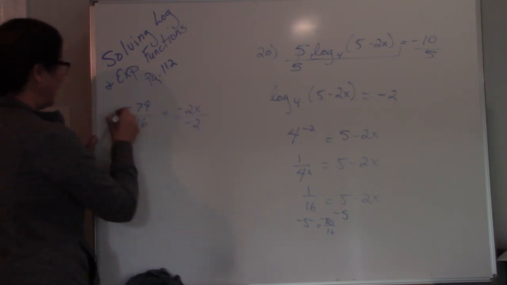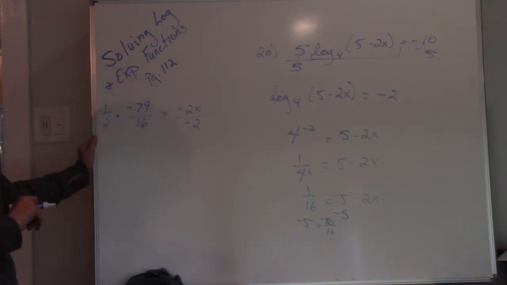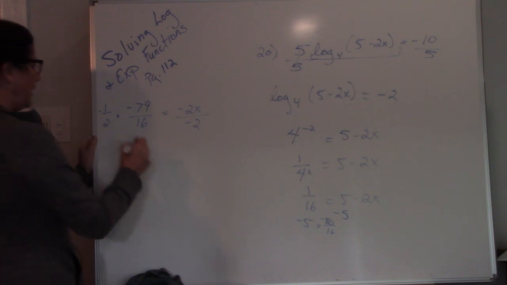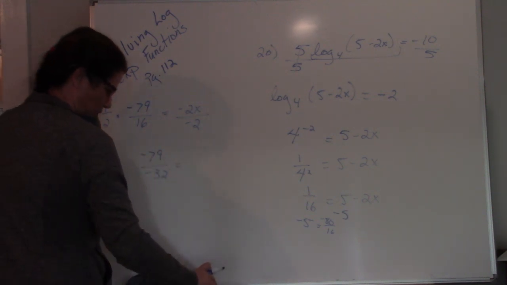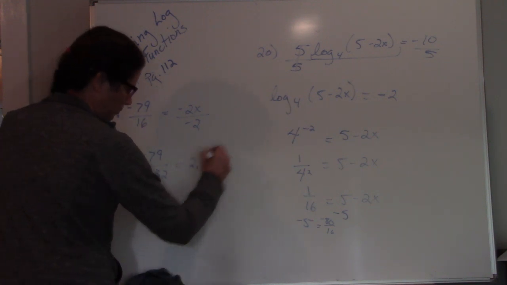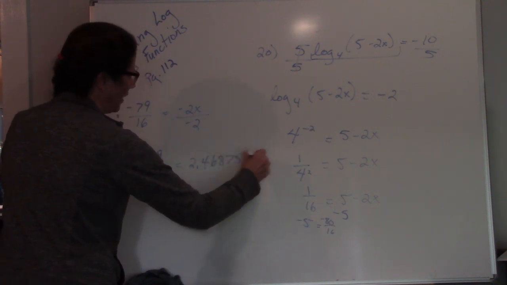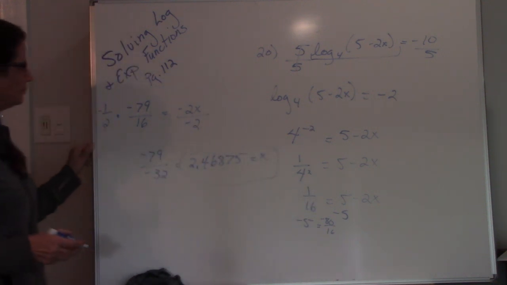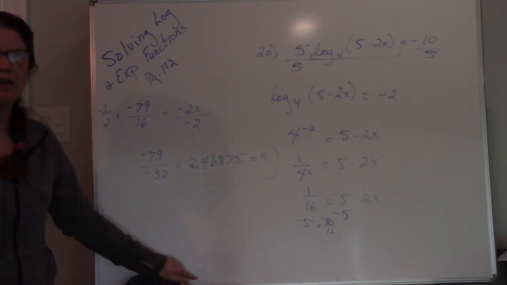Divide both sides by negative 2, which is the same as multiplying by negative 1/2. You just flip it over. And I get negative 79 over negative 32, which is 79 divided by 32, which is 2.46875. That's what x equals. Okay? All right, that's number 20. That's how you solve exponential and logarithmic functions.